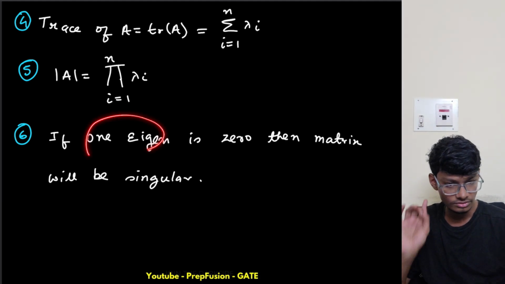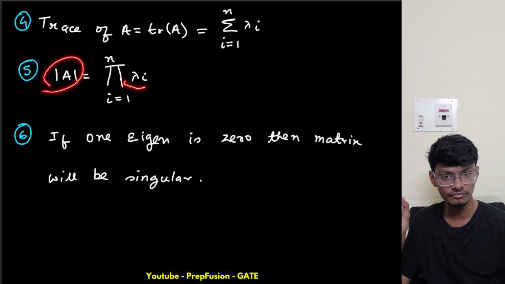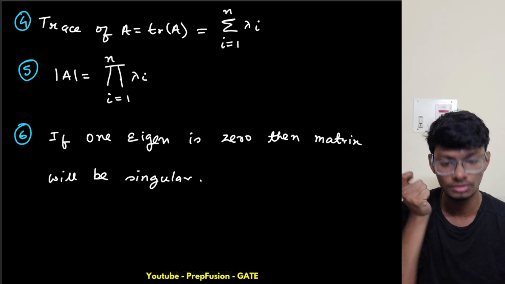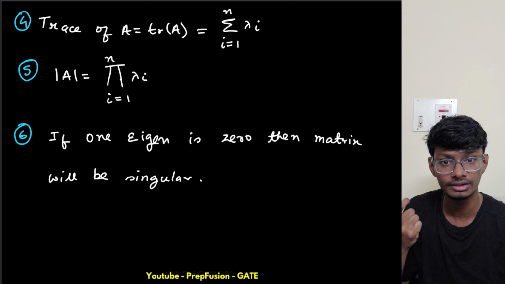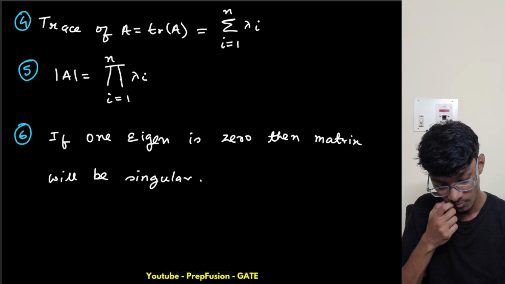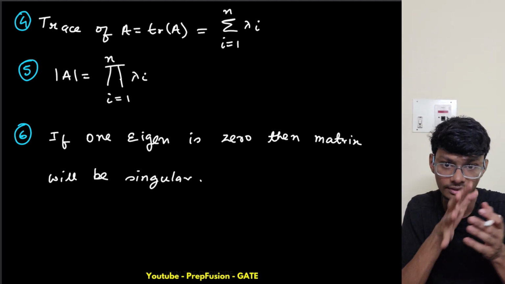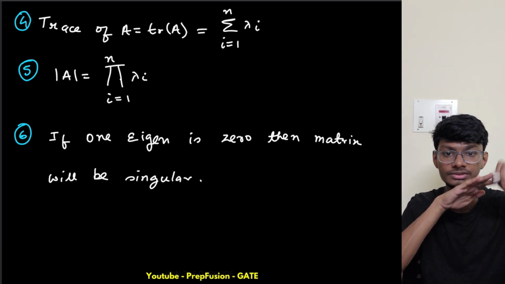If one of the eigenvalues is 0, then if I multiply anything with 0, what is the determinant of A? It is the multiplication of all the eigenvalues. If even one of them is 0, then this whole multiplication becomes 0. So the determinant will become 0. And if it is 0, the matrix will be singular, because the inverse won't exist: for the inverse we have to find the determinant, and the determinant comes in the denominator.